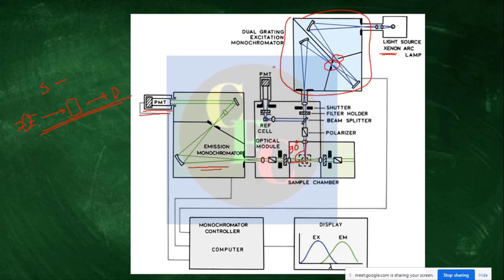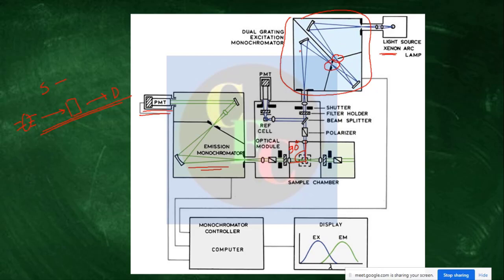So this was the basic apparatus, the instrumentation system. Even if this seems complicated, you can simplify it. If you have to draw this anywhere, you can minimize it by omitting these optical arrangements.